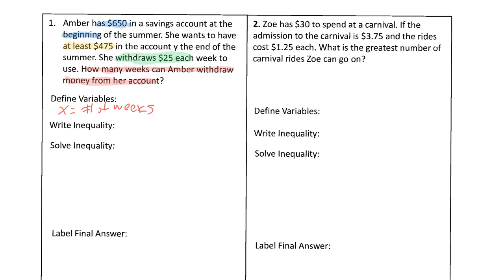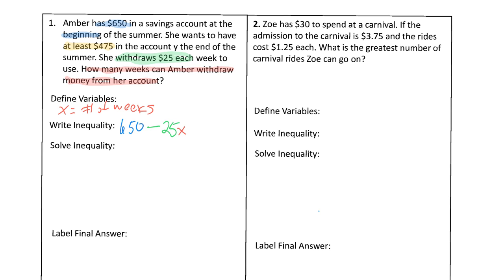Okay. So remember, we always start with what we started with. So we start with $650 in our savings account. Then what happens next? She withdraws $25 every week.